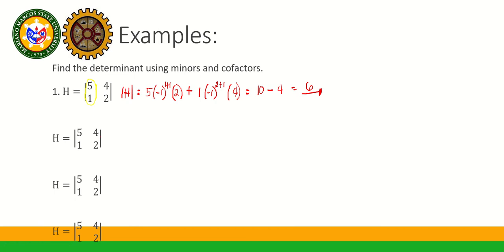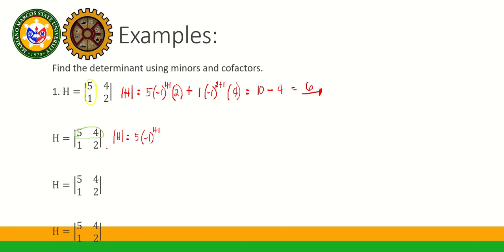Okay, so let's try naman if we select si first row. Okay, this one. Si 5 and 4. Okay, so this will be equal to the determinant of H is equal to 5 times negative 1 raised to 1 plus 1 kasi first element pa rin naman siya.